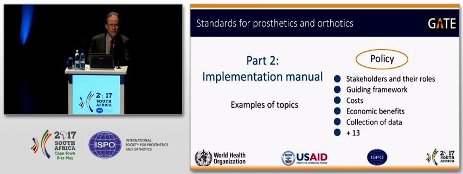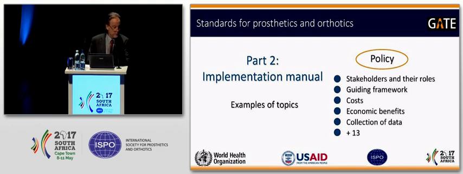It talks about costs, identifies 5 cost areas for service provision. It talks about economic benefits, as I mentioned earlier. It talks about collection of data, how to do that, and the need for it. And then there are another 13 topics discussed in that chapter.